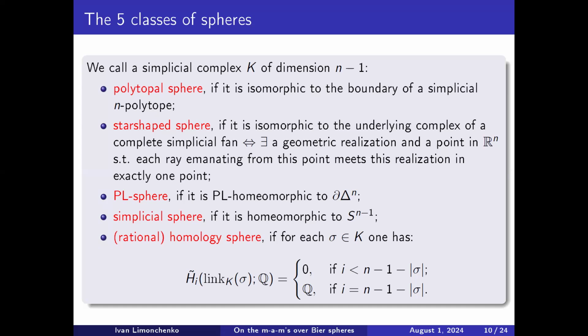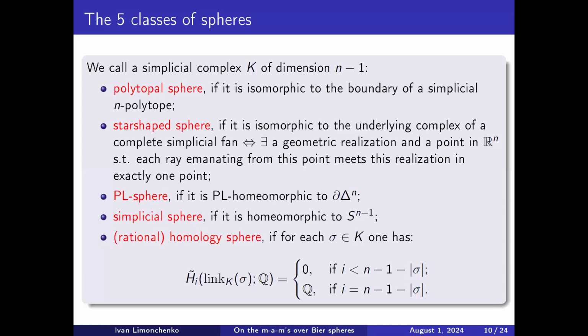So with each fan, we uniquely associate a simplicial complex. And this corresponding simplicial complex should correspond to a complete simplicial fan. This is definition one, and the equivalent definition is that the geometric realization of a star-shaped sphere lies in R^n, and there is a point in the space R^n such that each ray emanating from that point intersects your realization in exactly one point.